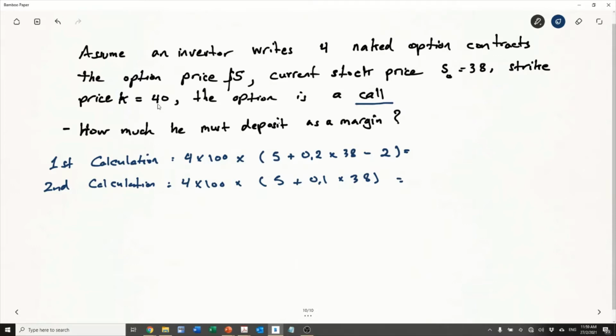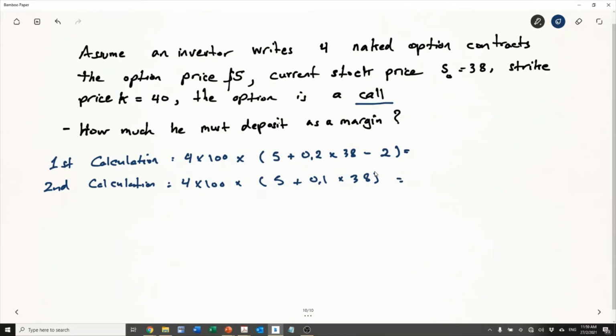And whenever you are buying something, you want to pay the lowest possible price for it. So instead of exercising and buying it at 40, you will buy it at 38 from the market. So the option is out of the money. By how much the option is out of the money, we take the difference between K and S0, and we find it equal to 2.